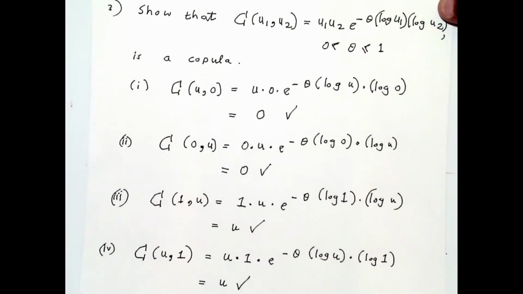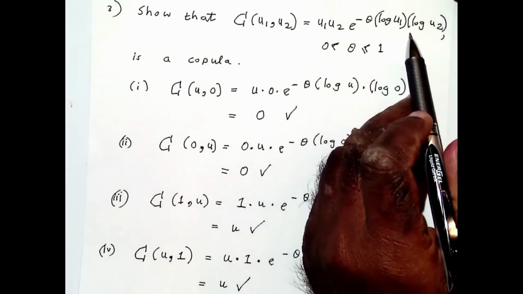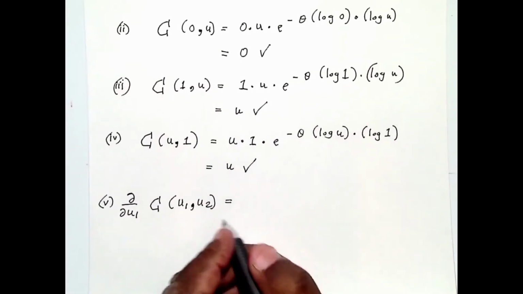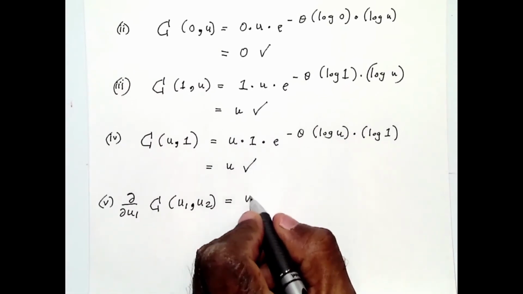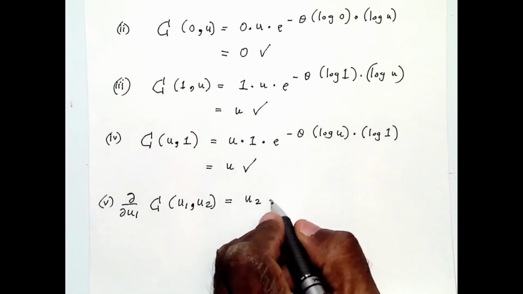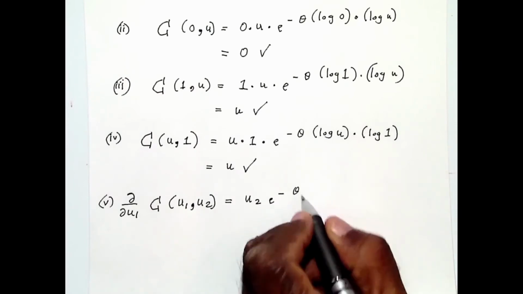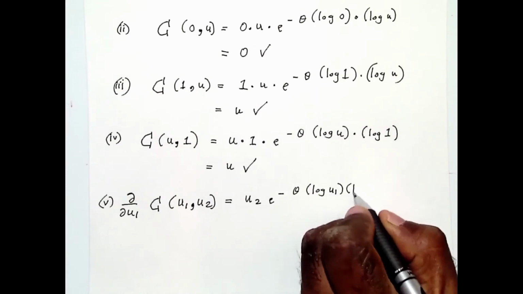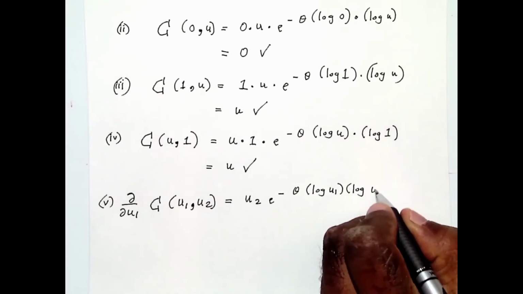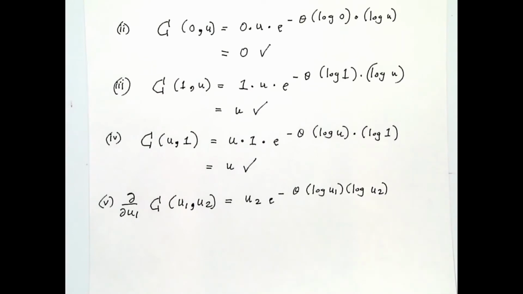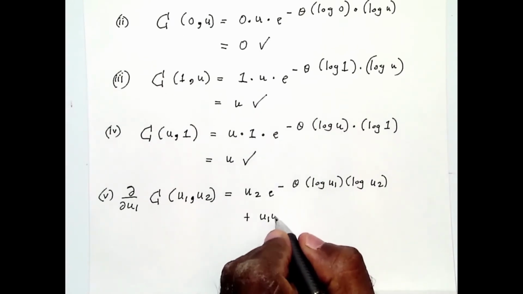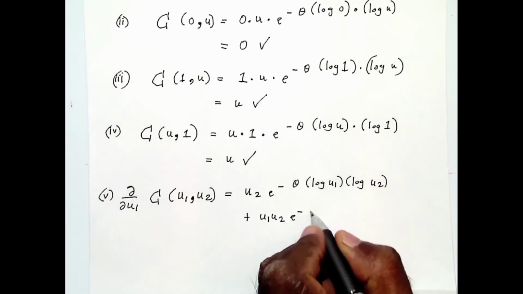You want to differentiate this with respect to u1, so you have to use the product rule. I'm sure you know. So if you do that, it becomes u2, this is the first term you will get, all right? And the second term you will get is the following.